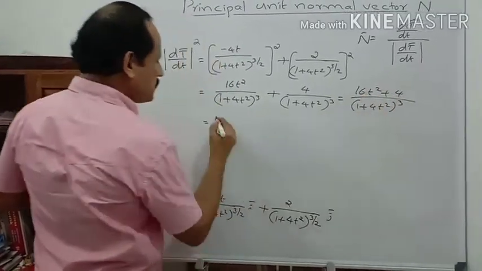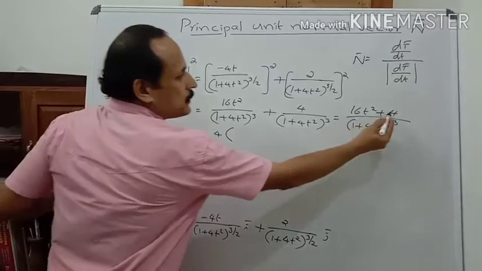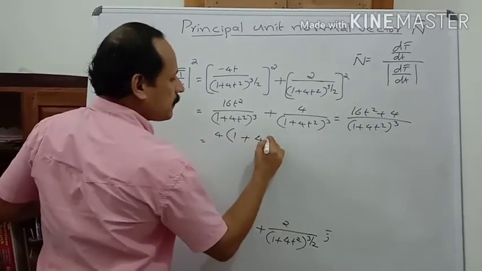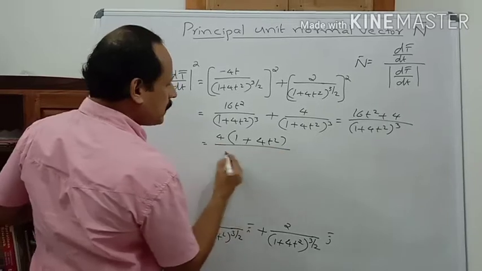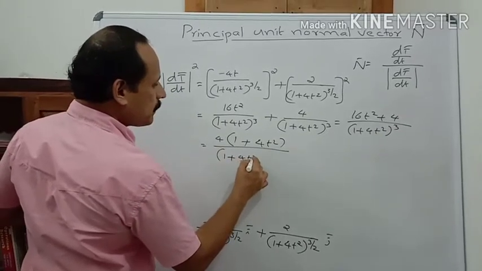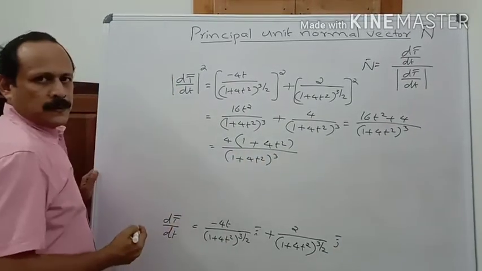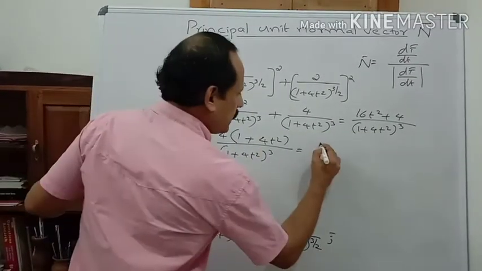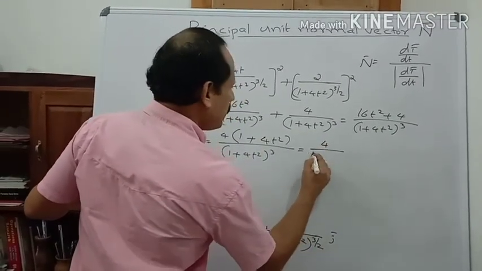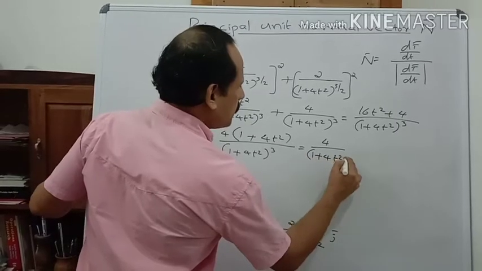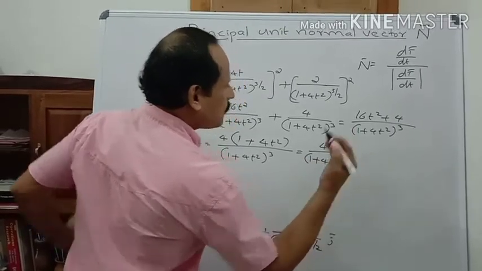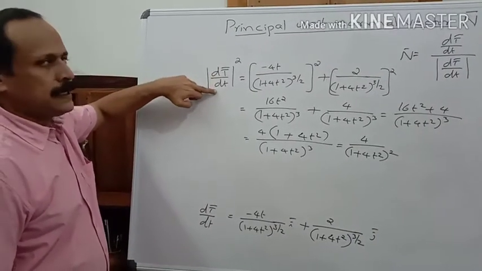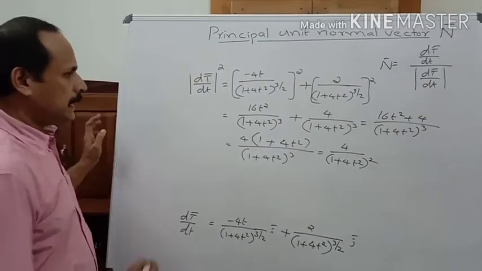Write this term first, that is 4 into, it becomes 1 plus 4 t square divided by 1 plus 4 t square whole cube, and cancel 1 plus 4 t square, we get 4 by 1 plus 4 t square whole square. This is the square of mod dt bar by dt.